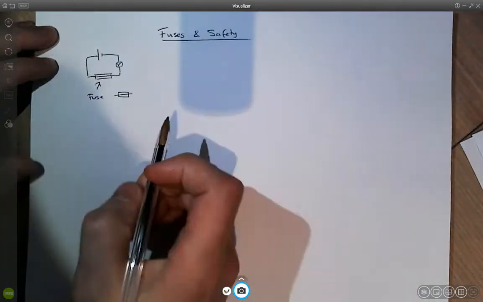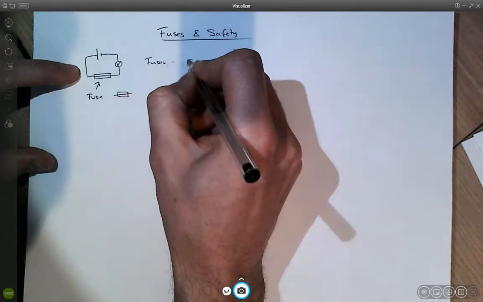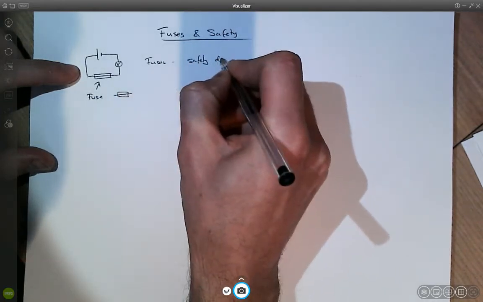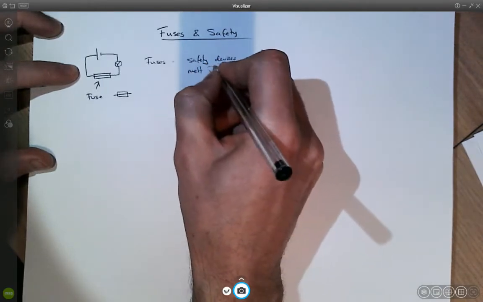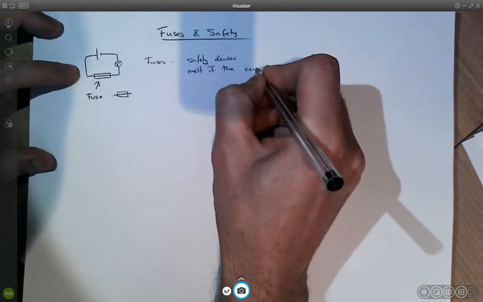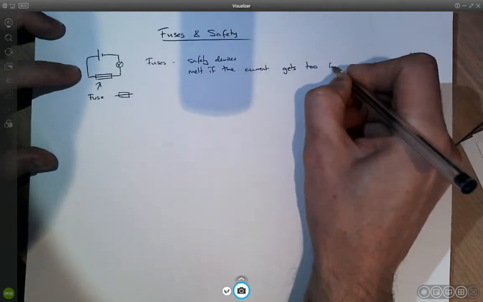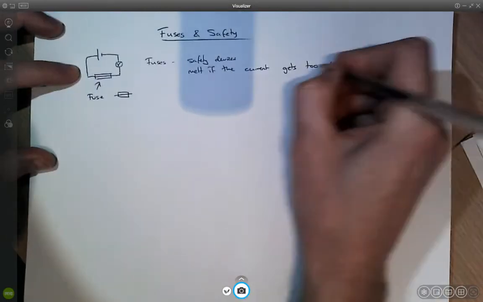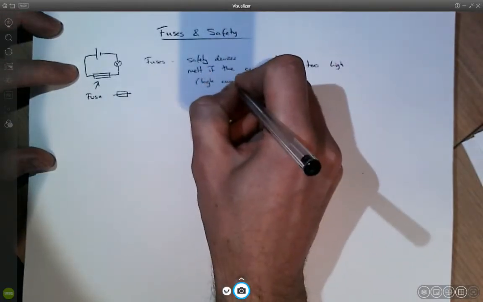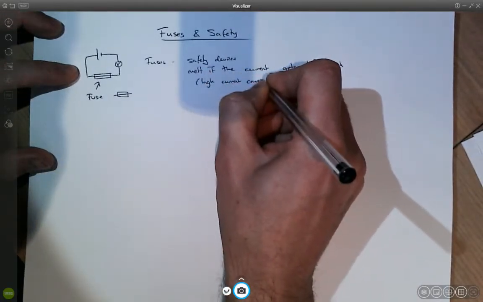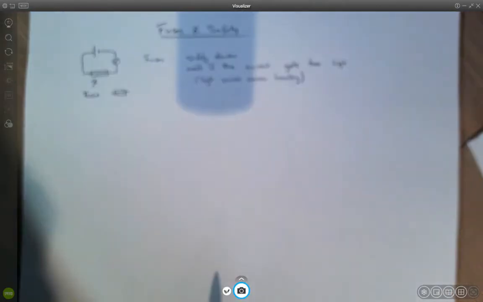They need to know what fuses are for. So fuses are safety devices. And what happens, they melt if the current gets too high. And why is that? Because a high current, or just any current, but particularly a high current, causes heating. So that's really important.